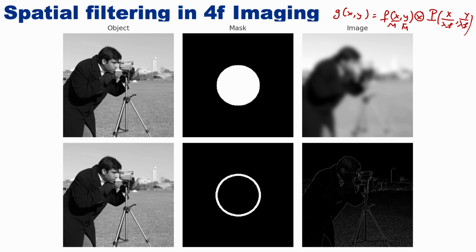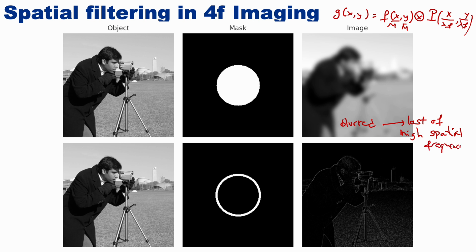So you have this convolution, so that means that you're going to have a blurring effect. That means that you are losing the high spatial frequencies.